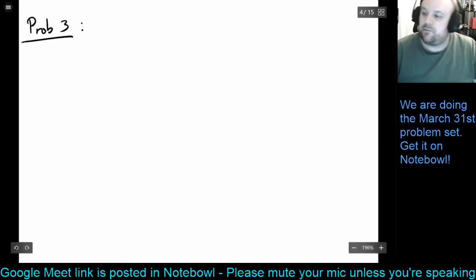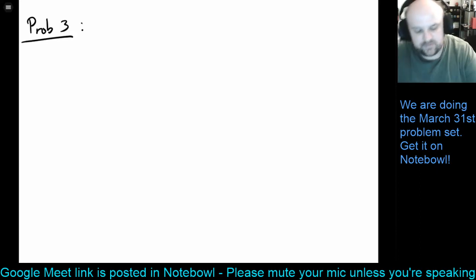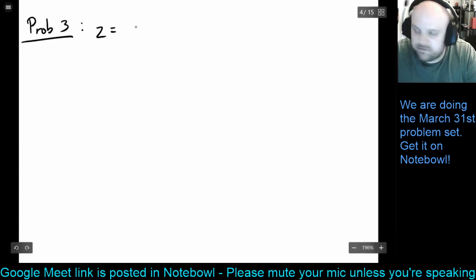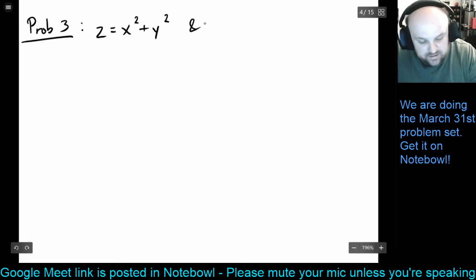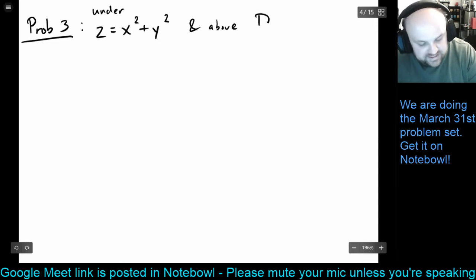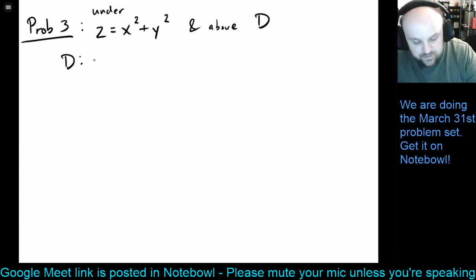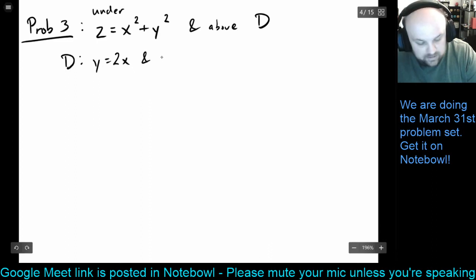Right. So problem 3, we want to find the volume of a solid that lies under this paraboloid, and above D, where D is the region bounded by y equals 2x and y equals x squared.